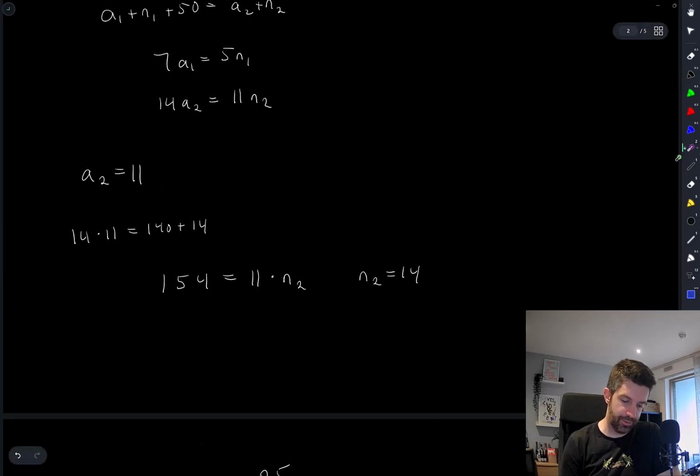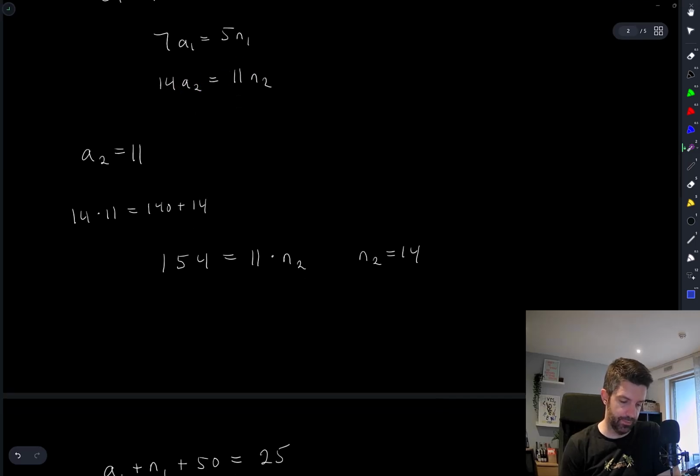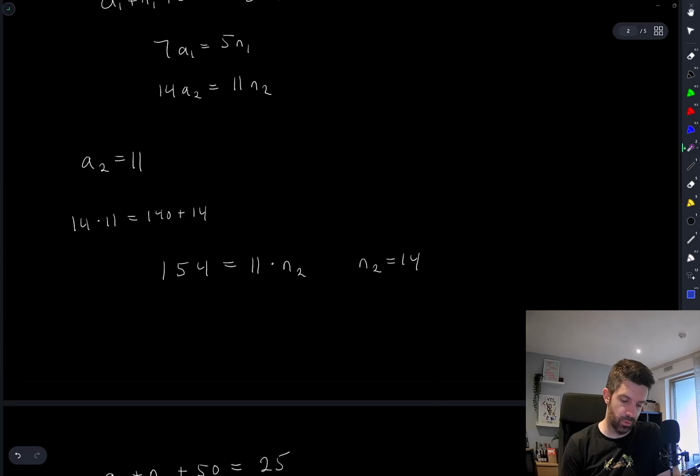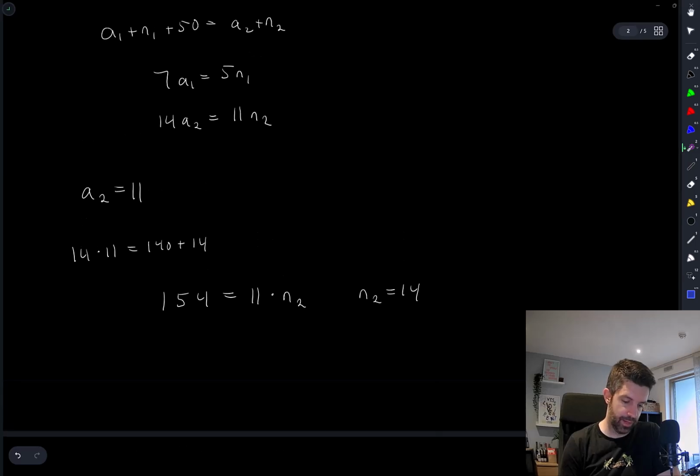A2 obviously has to be a multiple of 11. What if we try 22? 22 won't work because then that's 22. What would that be? Would it be 7?